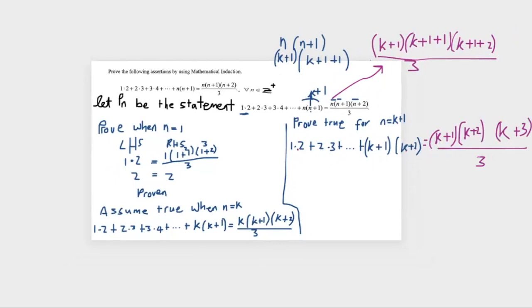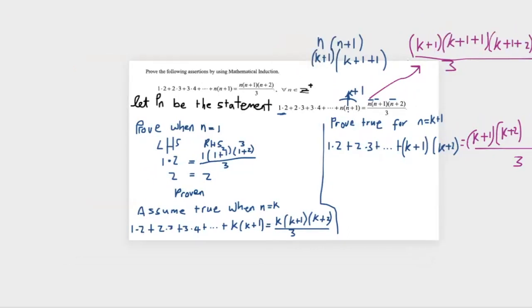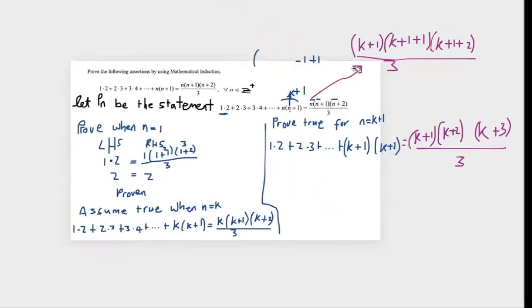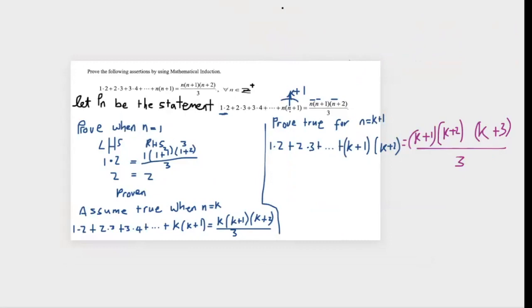Now, on the left-hand side, with a series, let me just go ahead and erase the top. So with a series, if we talk about it going from 1 to k plus 1, say for example, you have 1 plus 2 plus 3 plus 4 plus 5.